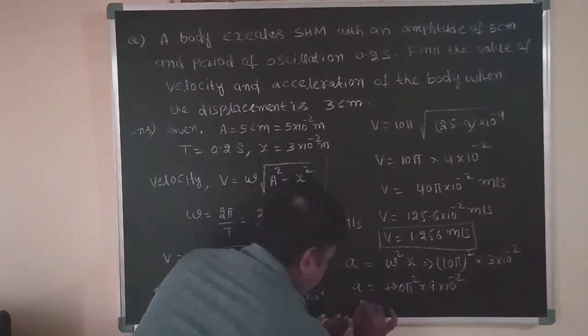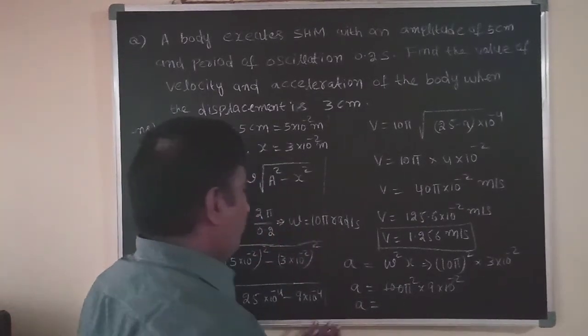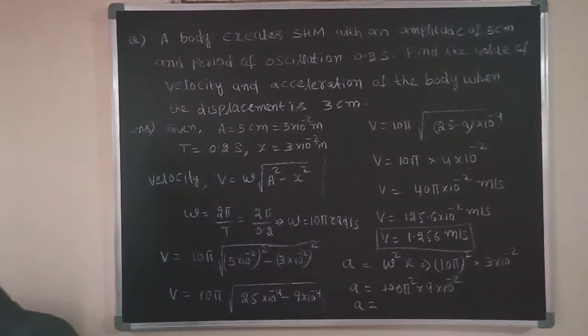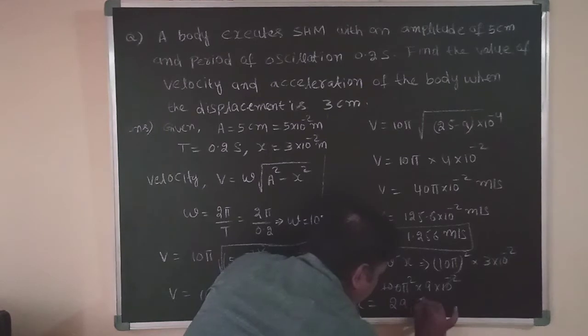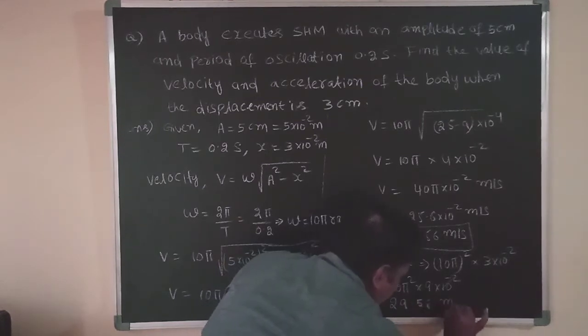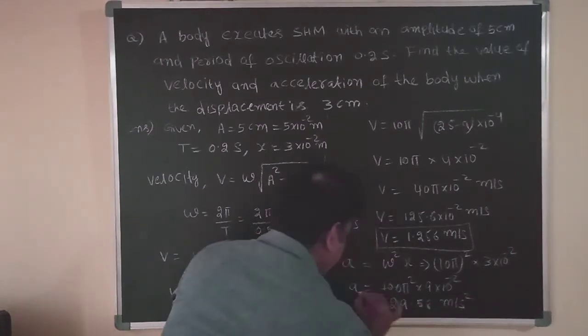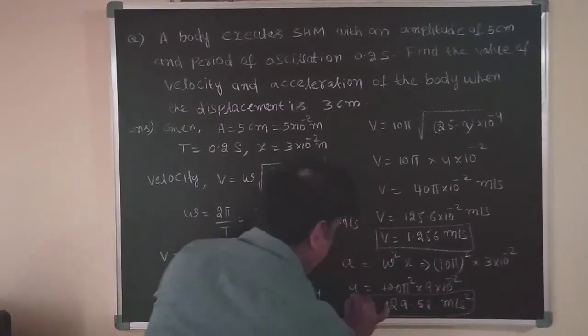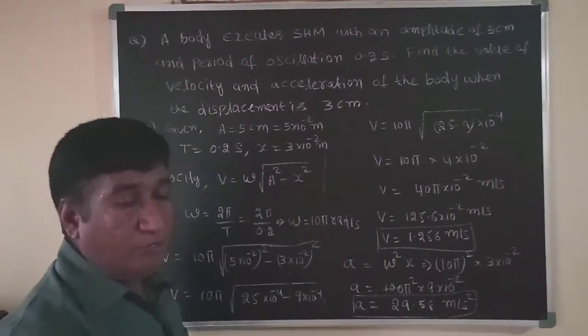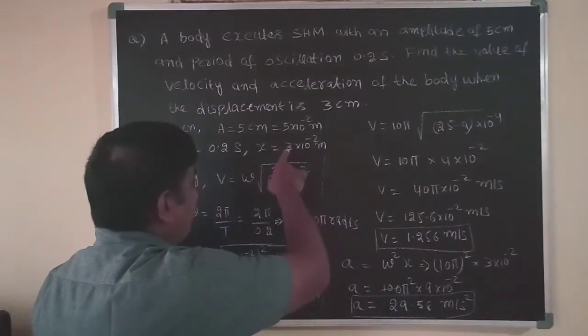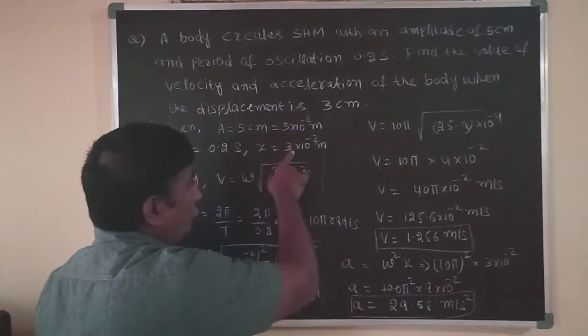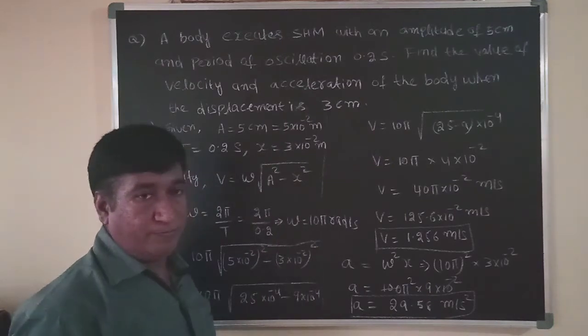If you substitute the π value as 3.14, finally we get the answer as 29.58 meter per second square. So in this way, we have found the velocity and acceleration at a certain displacement, x equal to 3 centimeters.